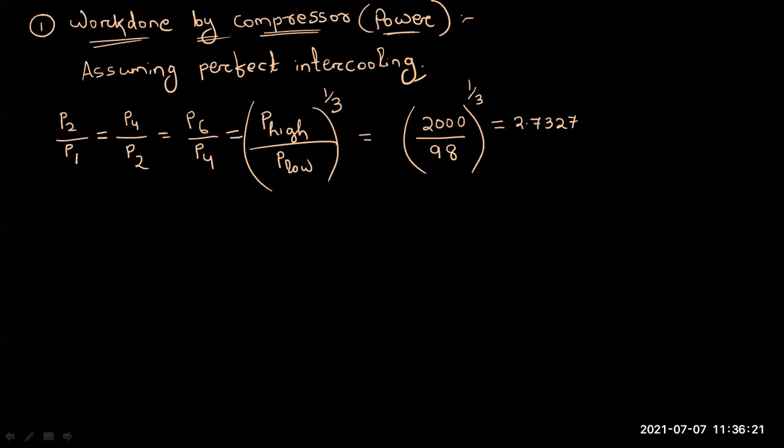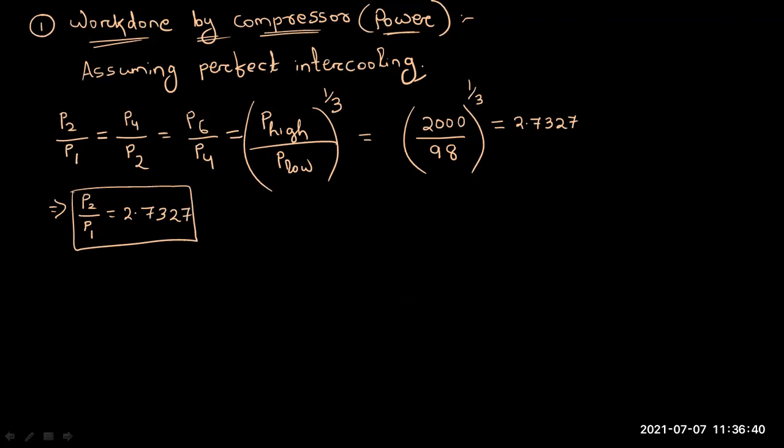Okay, so P2 by P1, from here we can write that implies P2 by P1, this pressure ratio, is 2.7327.